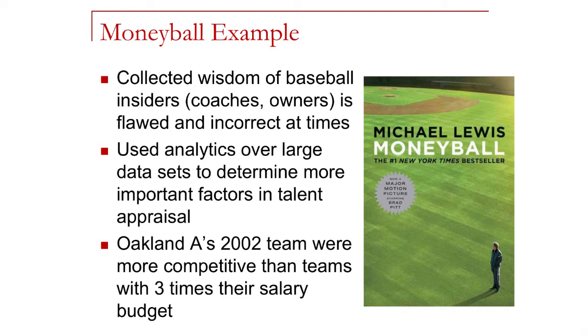So this is much more information than a manager can have in their head, even though they have strong intuition. So Moneyball was all about how the Oakland A's were able to use big data and be more competitive than teams that had 3 times their salary, just by being able to look at the trends and analysis of certain situations that their players may be in. So that's just an example of big data even in sports.